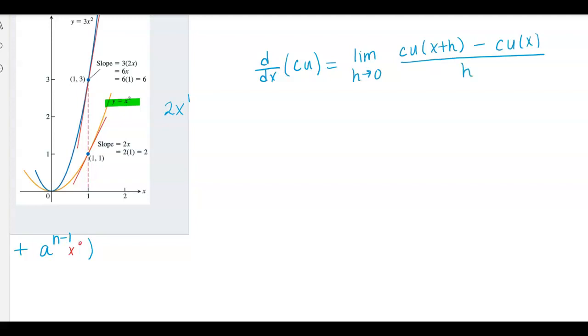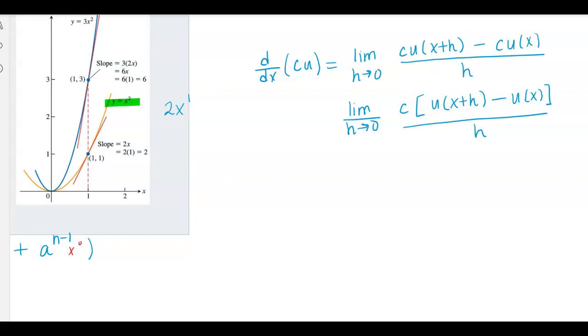If I factor that constant c out to the front, then I have u of x plus h minus u of x. And we saw a couple weeks ago that when we had a function of a limit versus a limit of a function, we could pull certain aspects out. We did that specifically with some of our square roots, where we pulled the square root outside the limit.